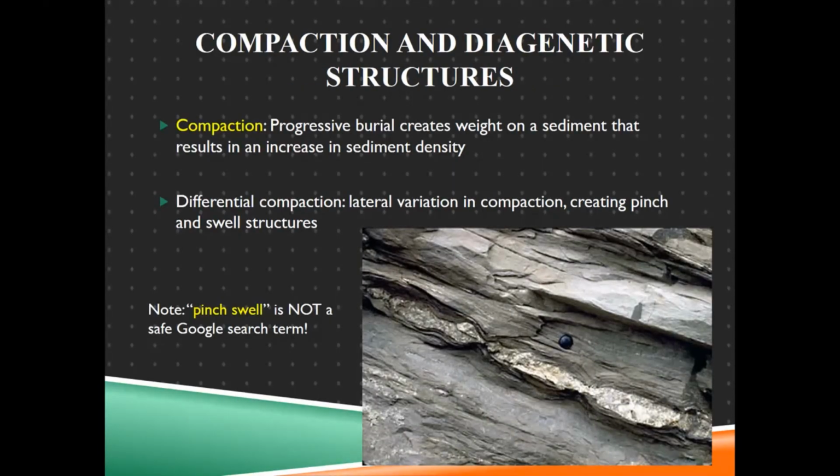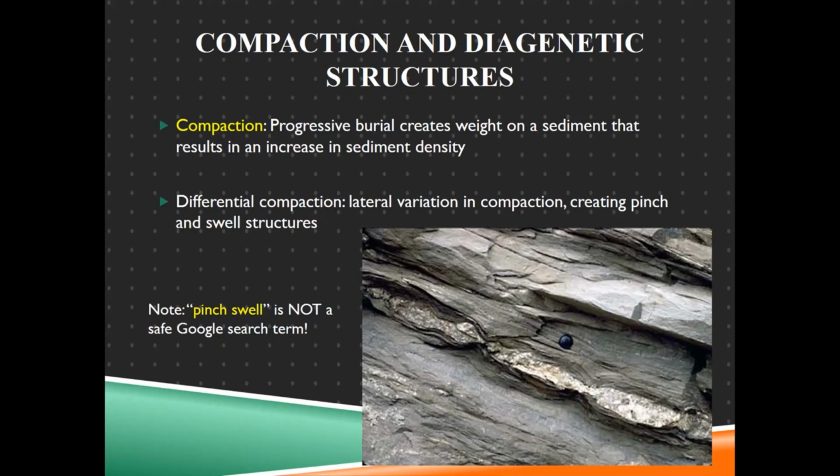So what else happens to sediment? What other kind of structures are there? Well, compaction happens. You bury something under tons of rock, tons of sediment, it gets squished, it gets compacted. Not all of that sediment is equal strength, equal density.